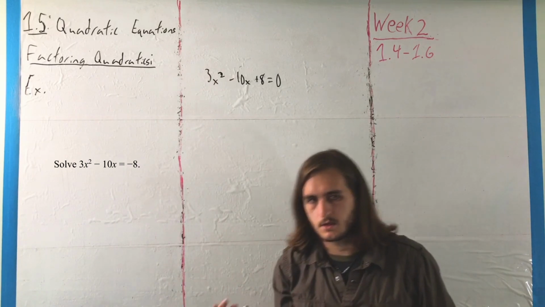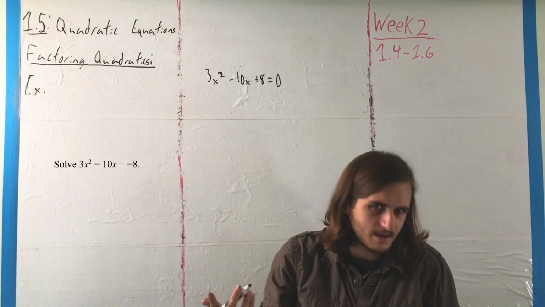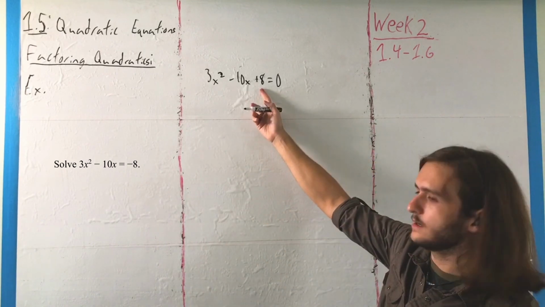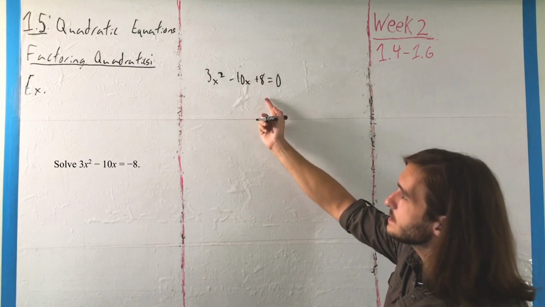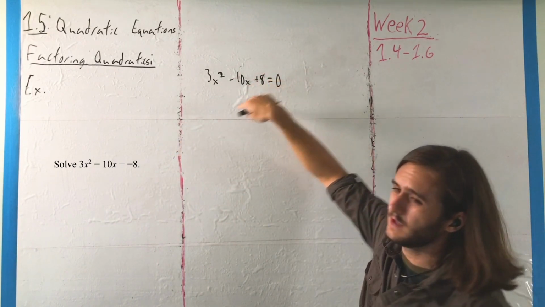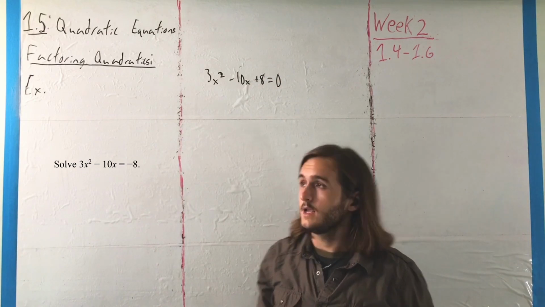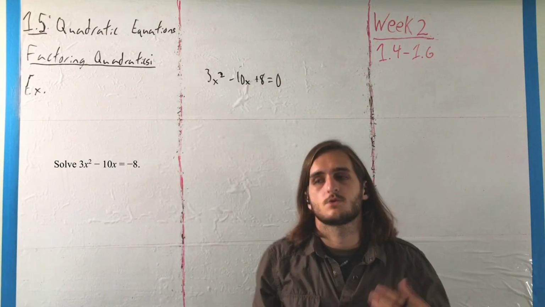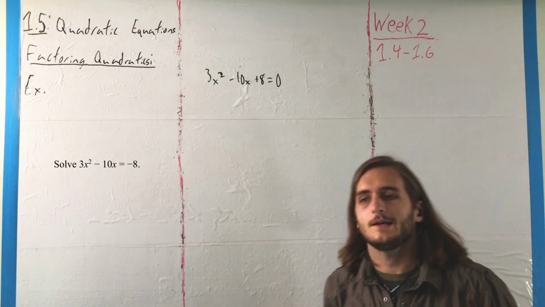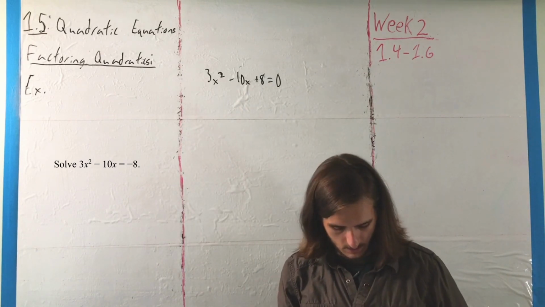So if you can factor, you're going to have a 3 and a 1 in there. Next, for that 8, you've got 1 and 8, or 2 and 4, where because this is positive, they have to have the same sign, and this one's also positive, so those have to have the same sign. Since this one's negative, it means we've got a few negatives that we're going to be chasing around in here.